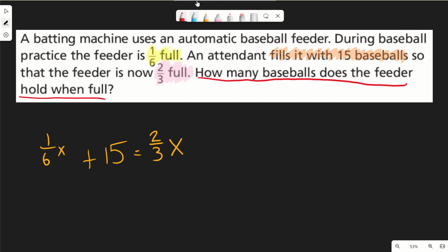So let's do what we do with fractions. We're going to multiply everything up here by 6, because that's our least common denominator of 6 and 3. 6 times 1/6 is the same thing as 6 over 1 times 1/6, which is 6 over 6, and that's going to just give me x.